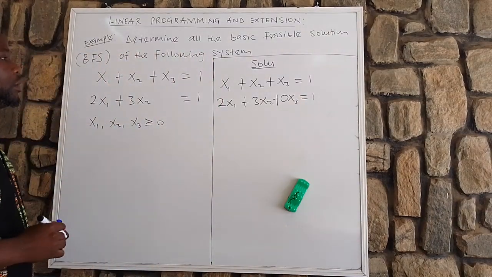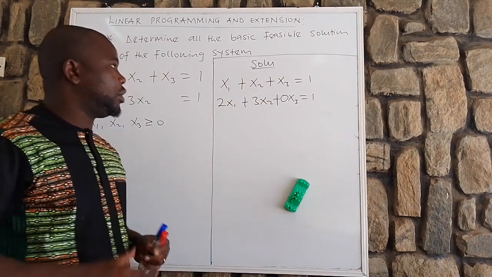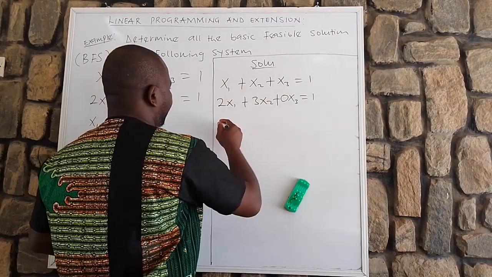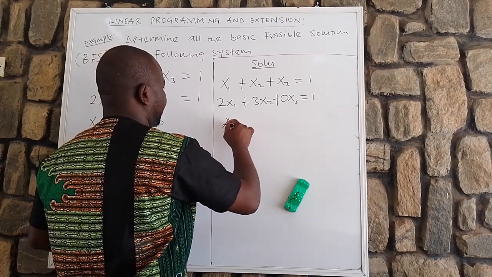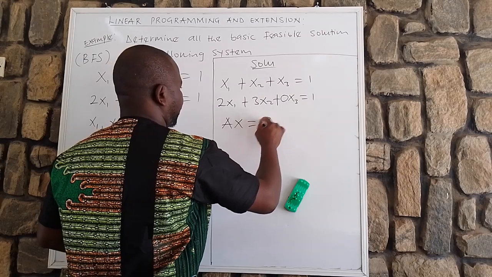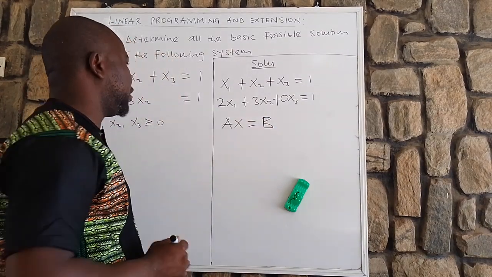Amen? So we recall our matrix equation, where you know that in matrix form we have AX equals B. True or false? This is a matrix equation.